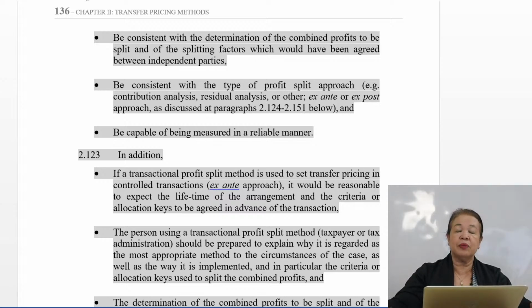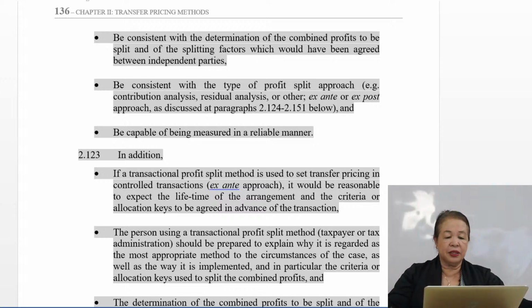Kasi may significant presence naman, may operation doon yung isang company. So, it is just proper na meron din silang share on the profit. And also the country where the entity is present o gumagawa ng business, may share din doon sa tax na madiderive from the income ng related party, no?